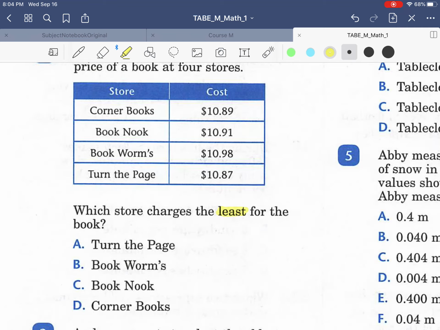They're all pretty close. They all have the $10. $10.98 is the largest. $10.87 is the smallest, and that goes with the store called Turn the Page. So on number 2, I would go with A. That table had already arranged those for me according to their place values. They're all stacked up the way they should be.